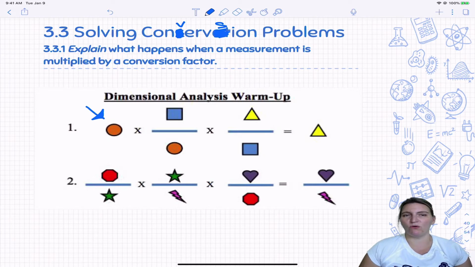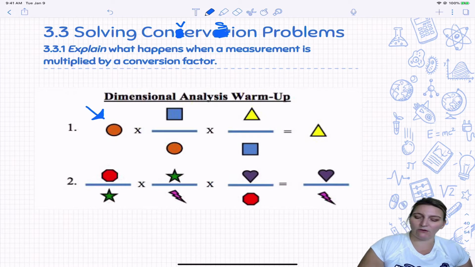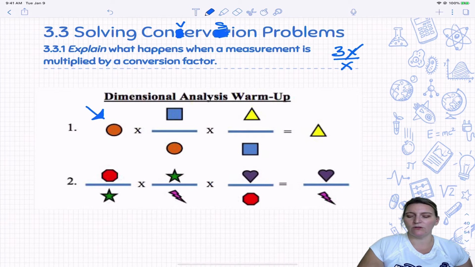Now you probably remember from math class that if you have something on the top and on the bottom of a fraction that is the same, then those get to cancel out. Just as, if you have 3x over x, the x's cancel out. Or if you have 3x over 3, the 3's cancel out.